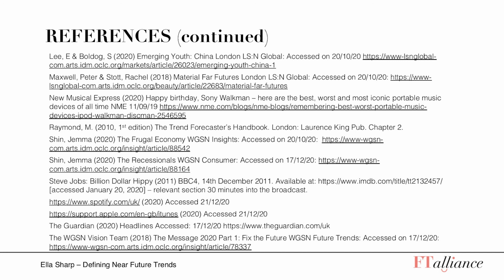And I've also looked at the book, and I would really recommend that you use the Trend Forecaster's Handbook as a go-to source just to help you explore this. There are some other great activities in the book. It's easy to read, it's very accessible, and was developed precisely for students and educators in the early 2000s.